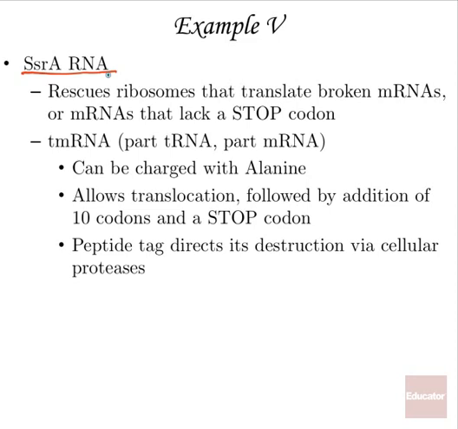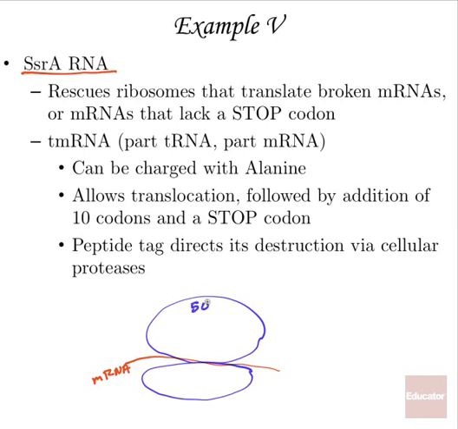Now, this is really important because if we have a ribosome, and it is translating the mRNA. This is our prokaryote, so this is a 50S and a 30S to make the 70S ribosome.